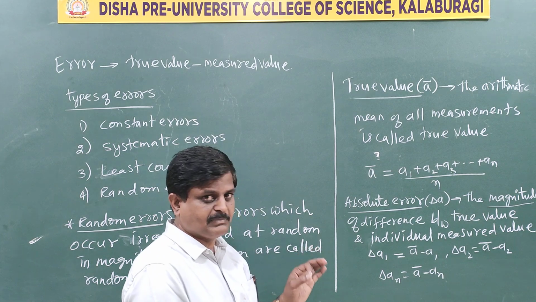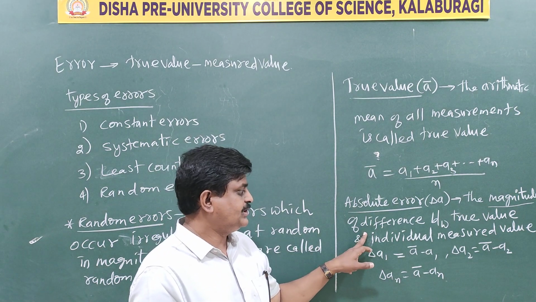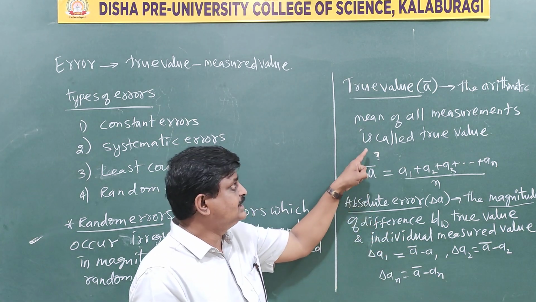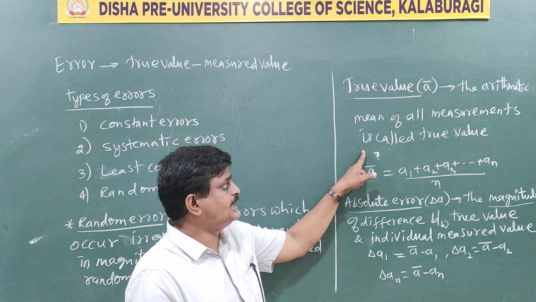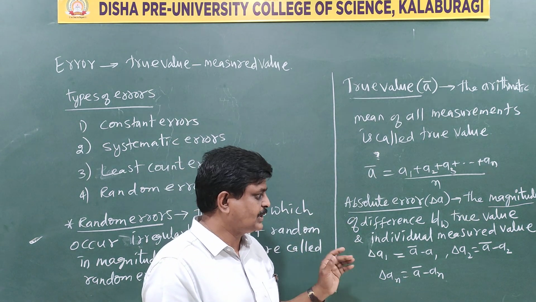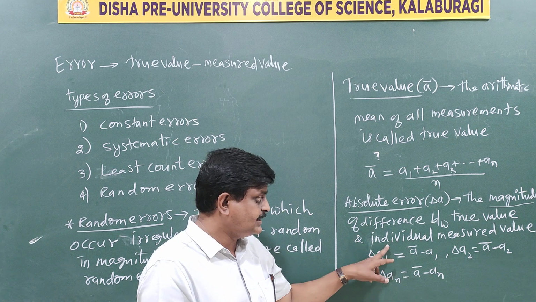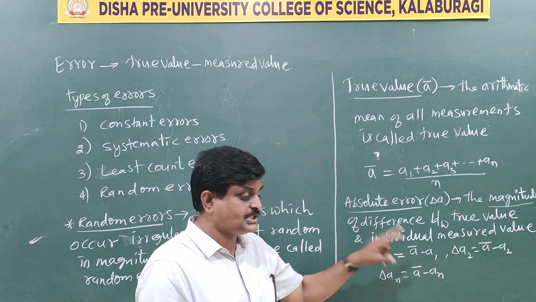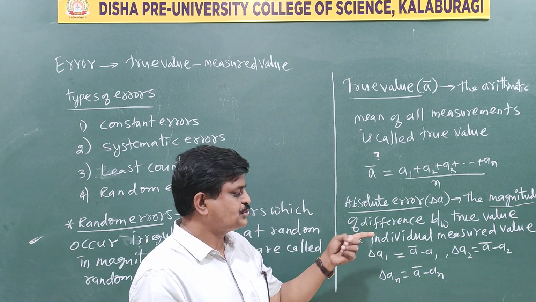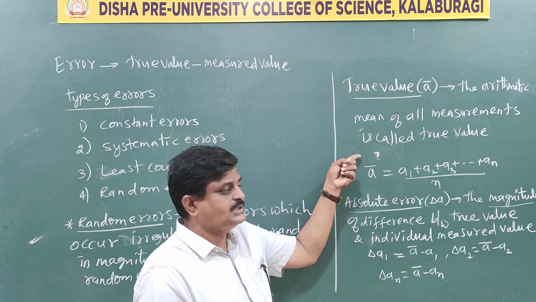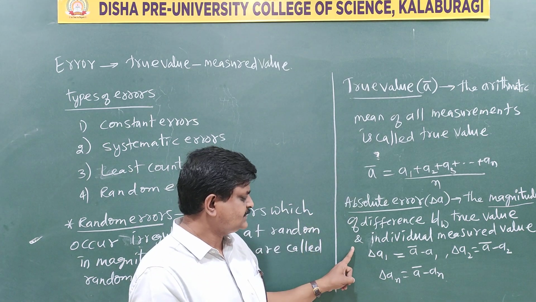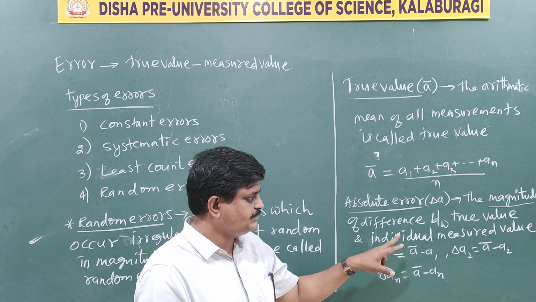We focus on the magnitude part: the magnitude of the difference between the true value, meaning the arithmetic mean of all measurements, and the individual measured values. One more time, the difference between the true value, the average value of the experiment, and the individual measured value.